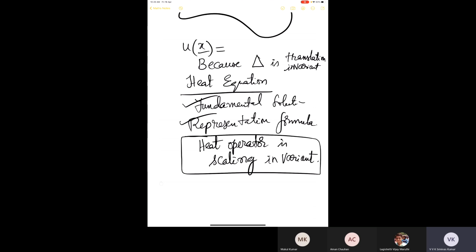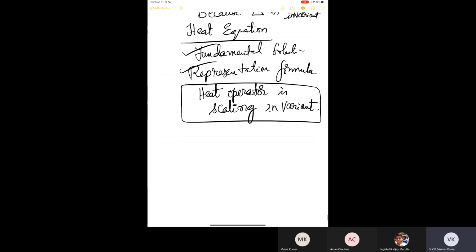The details of why this is scaling invariant are all given, and finally we get the representation formula in the heat case. And what is the fundamental solution?